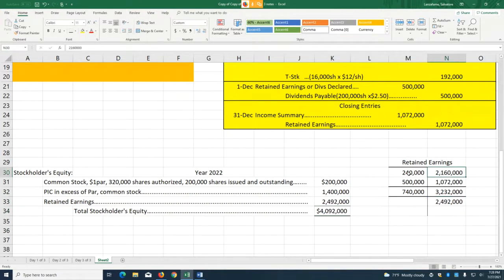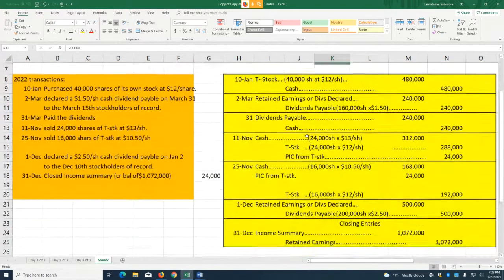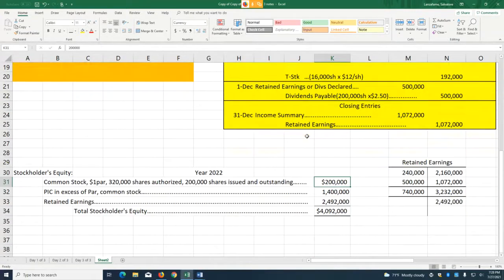So we started out with that. We had dividends of 240, dividends of 500, and then net income of 1,072 brought our final balance to that. Looking at it, did any of the common stock change? I do not see us issuing any more common stock.